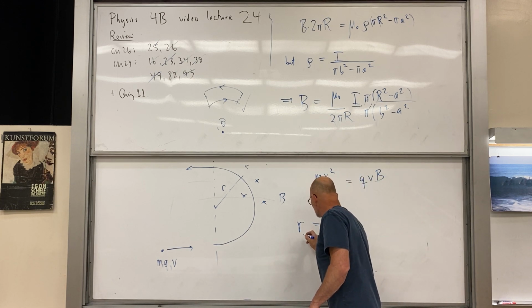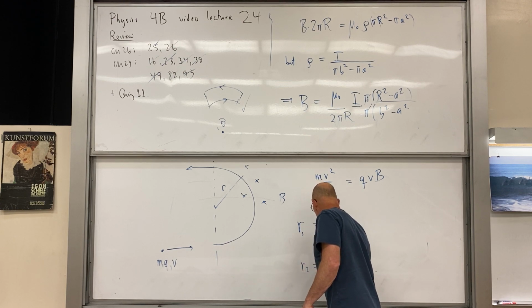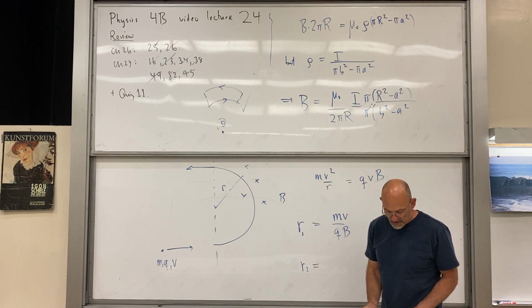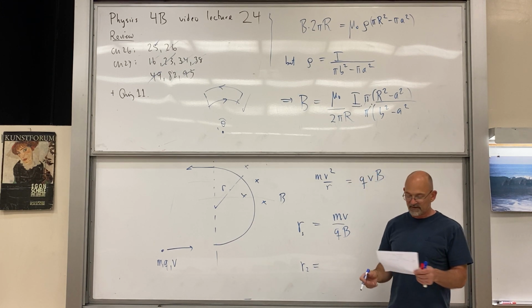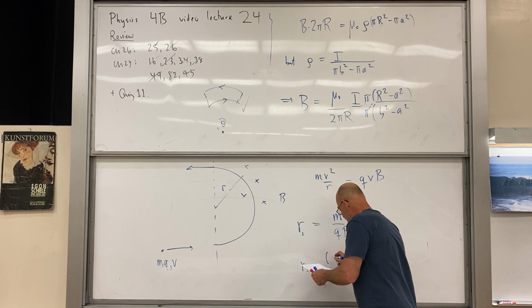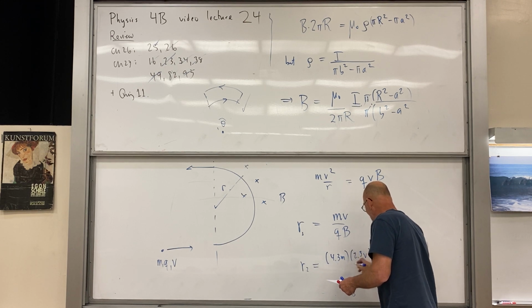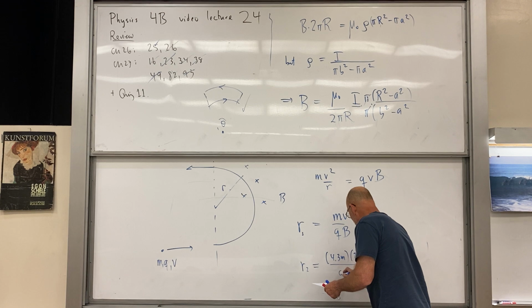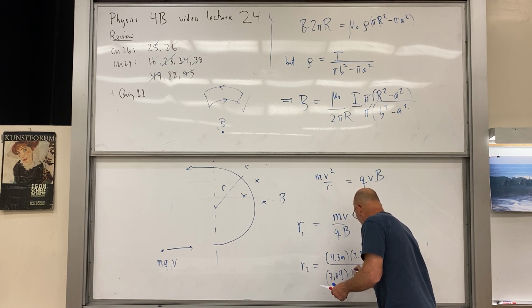So if this is r initial, or the first r, r1, then r2 is equal to, and I just picked some numbers off of the program. The program gives every student their own unique set of numbers. So m goes to, in this case, 4.3 m, v went to 2.3 v, and q went to 7.8 q, and B was the same.